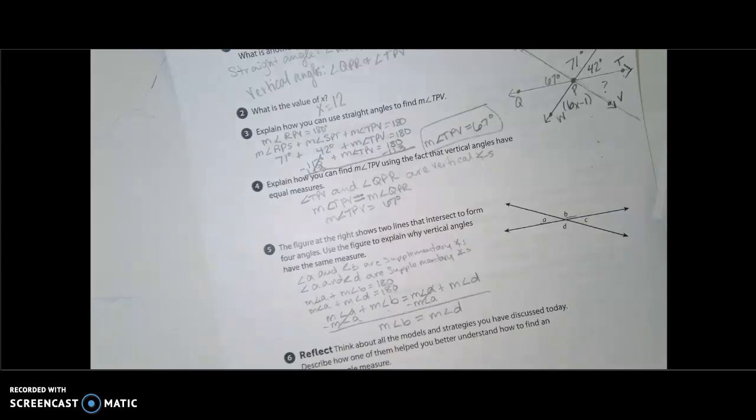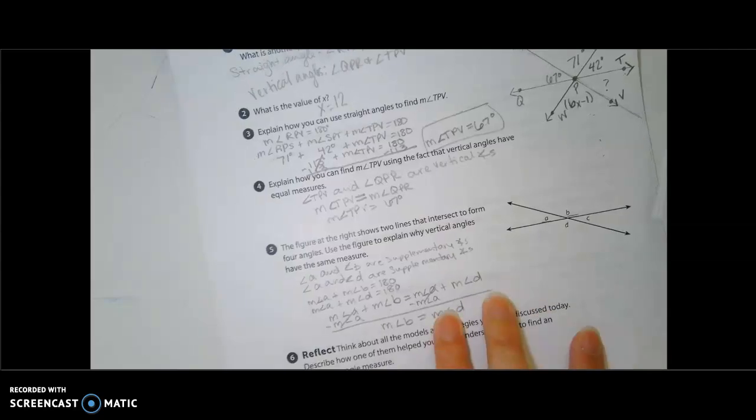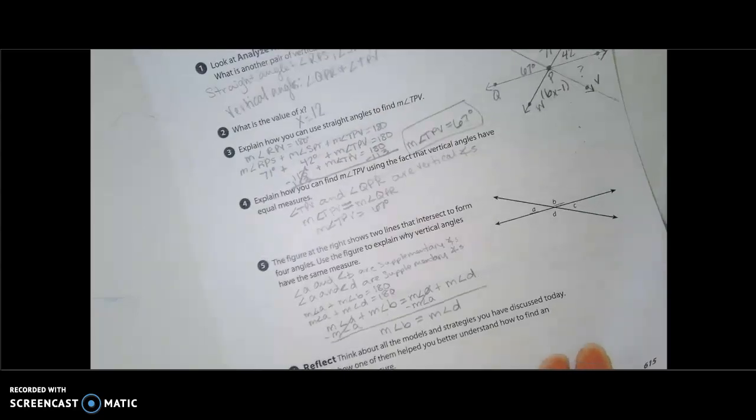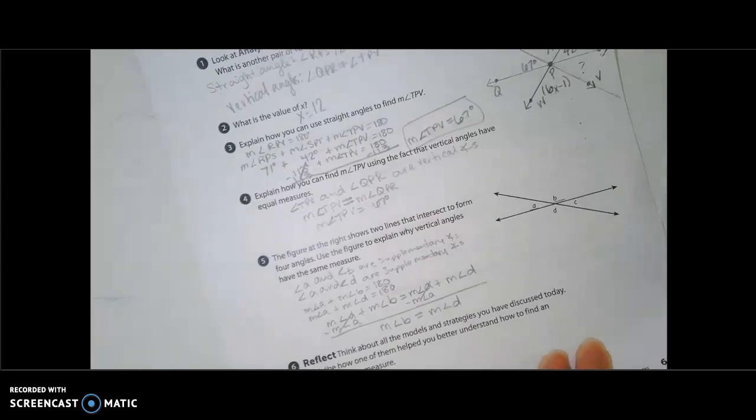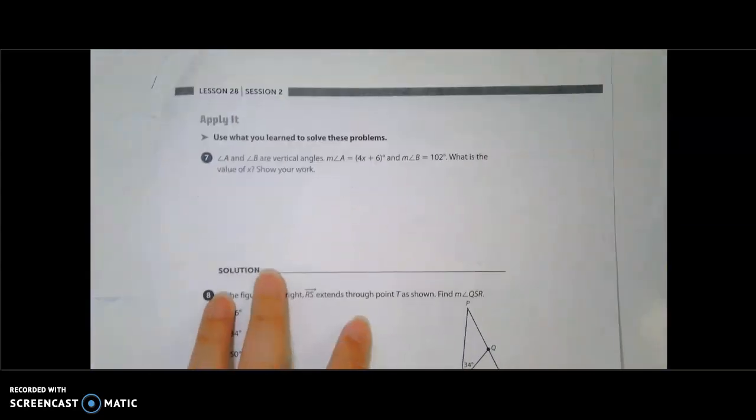I could have done this with another pair. I could have used A and B and C, and then I would have shown that angle A was equal to angle C. That's another way we could have gone about it, but this is one way. Again, I'm not going to expect you to regurgitate that proof, but now that we know that is true, for all vertical angles we can just use the fact that they are equal.